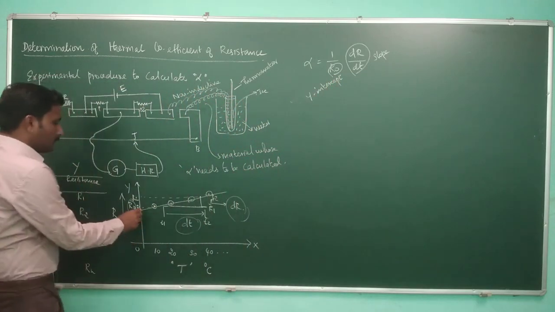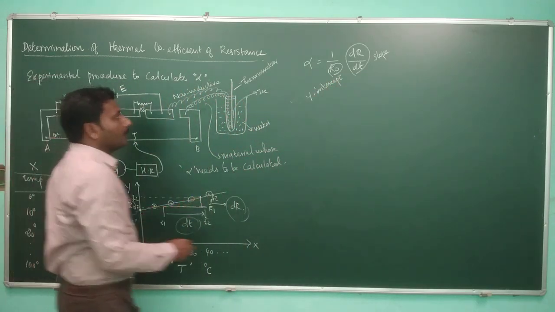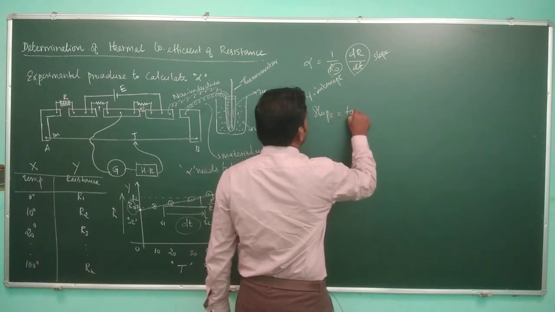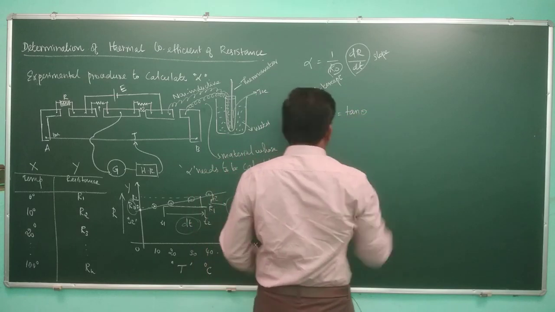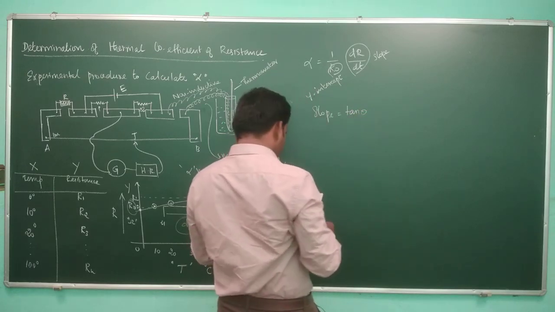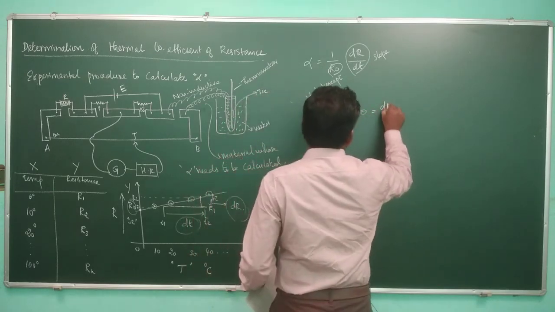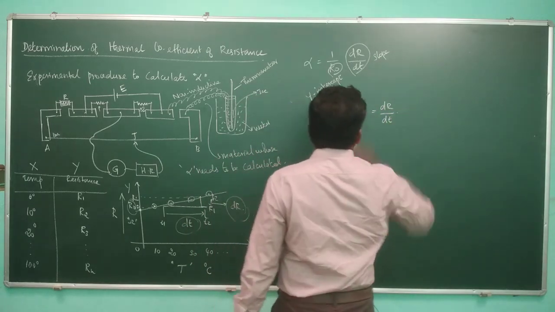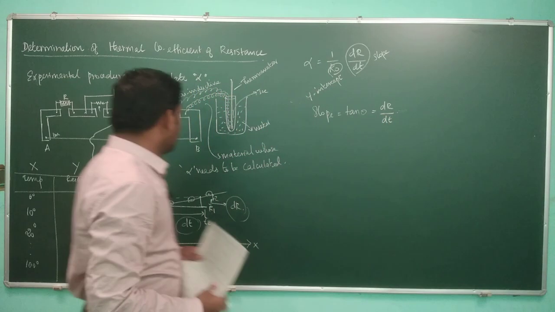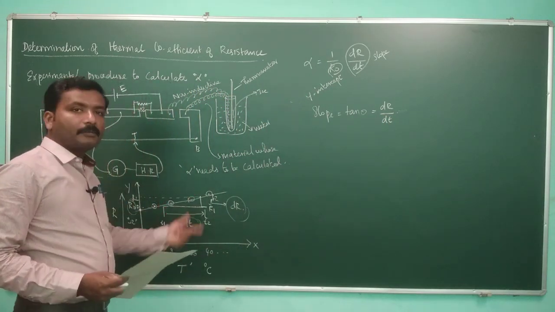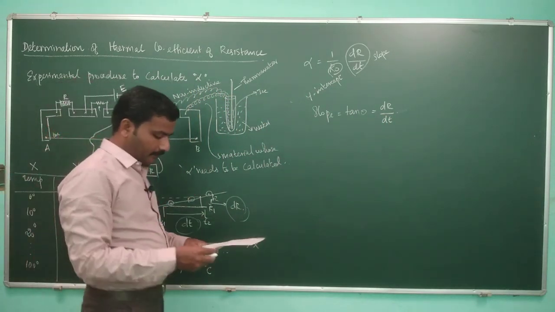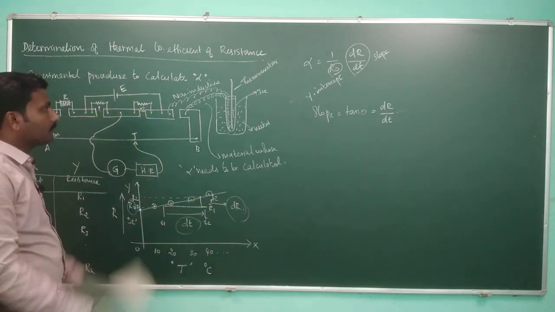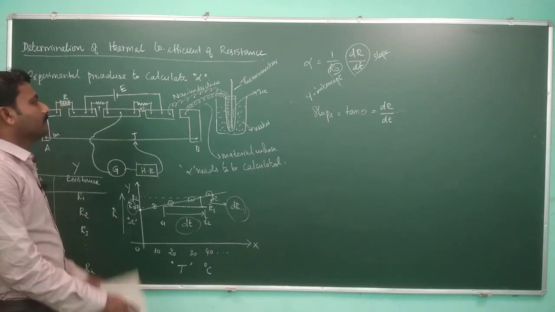How to calculate the slope? The equation for slope is tan theta, that is nothing but y by x, dR by dT, right? This is the y component, this is the x component, so dR by dT. In that way you can calculate it.